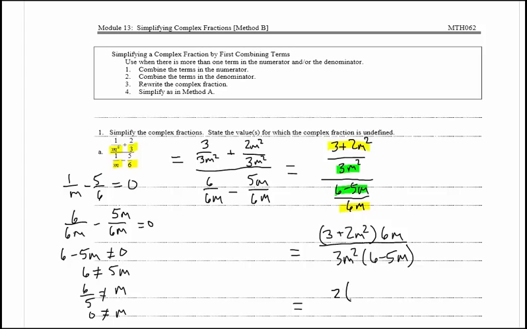So we're going to have 2 times 3 plus 2m squared divided by 6 minus 5m times m, which we could also write as 2 times 3 is 6 plus 2 times 2m squared is 4m squared, divided by m times 6 is 6m minus m times 5m is 5m squared.